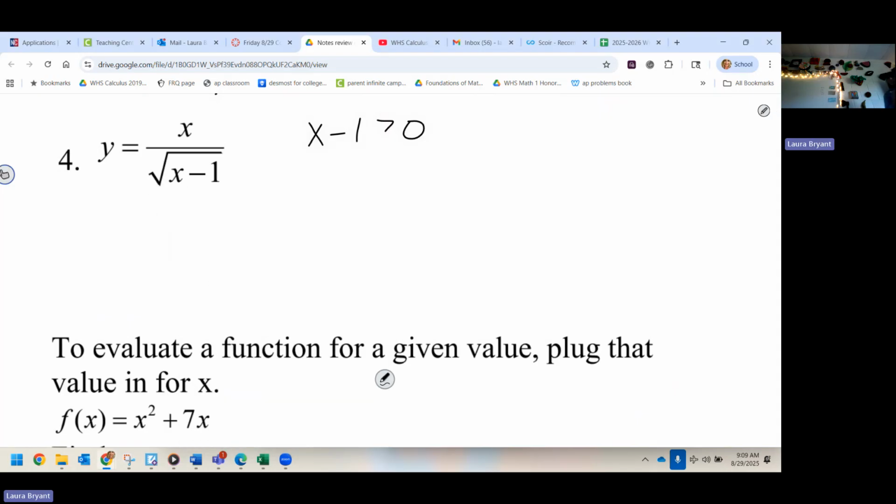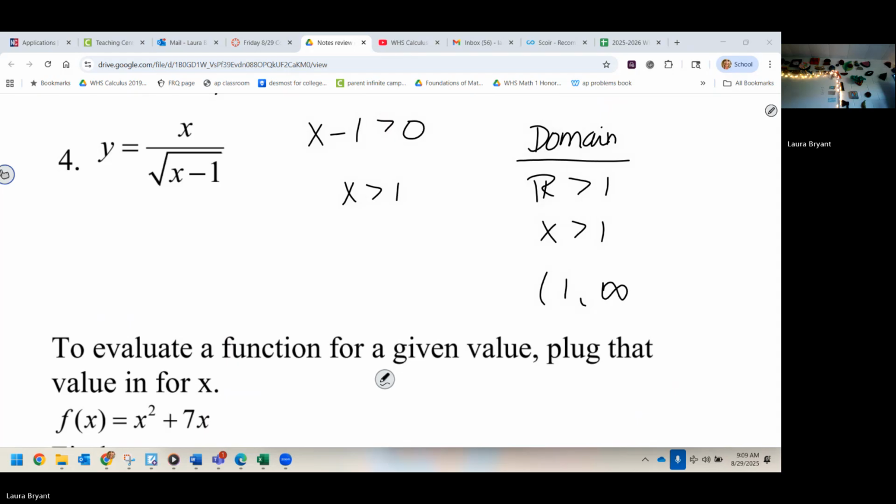This square root could be 0, but then I can't divide by the 0. So instead of equal to, I just do greater than, and then the math is super simple. I just get x greater than 1. The different ways you could write your answer would be real numbers greater than 1, x greater than 1, or 1 to infinity.